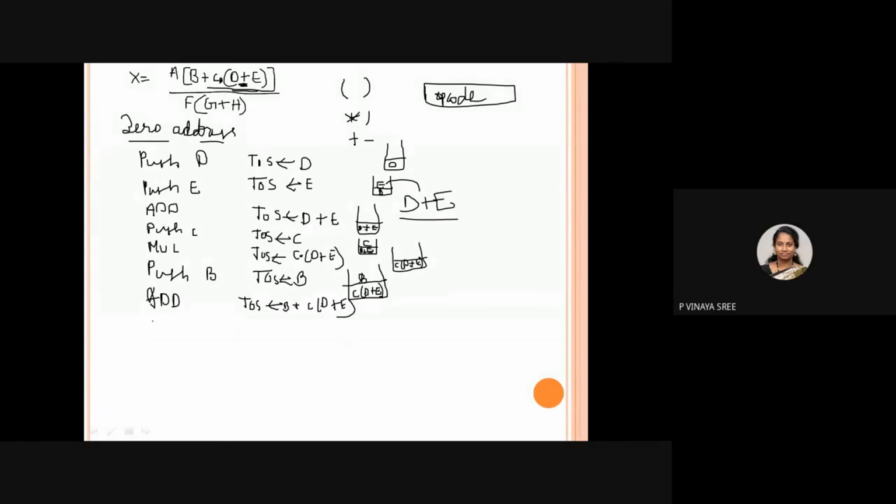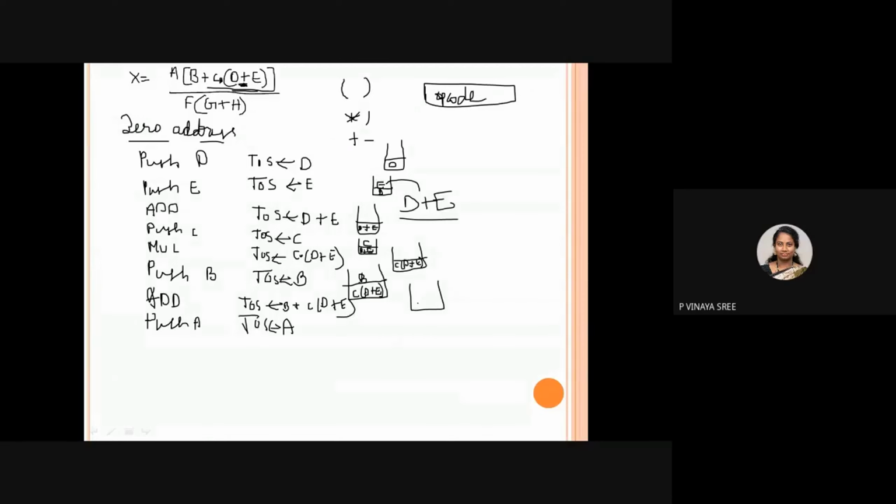Next is push A. Now the top of the stack will be A, and the earlier result is already available in the stack. Whenever we perform add, the top two elements from the stack are popped, it performs the operation, and stores the result back in the stack.